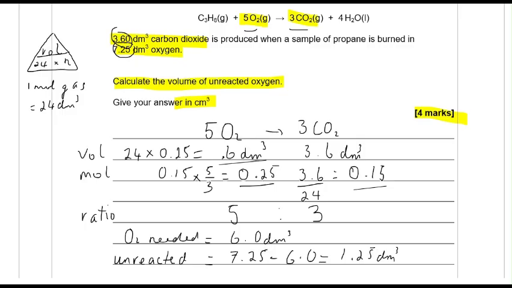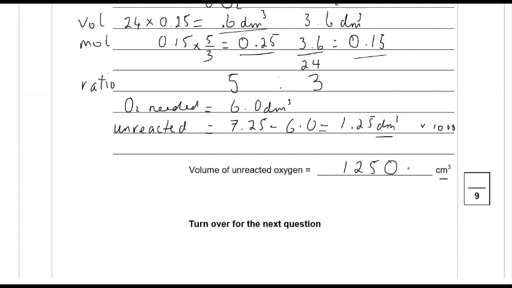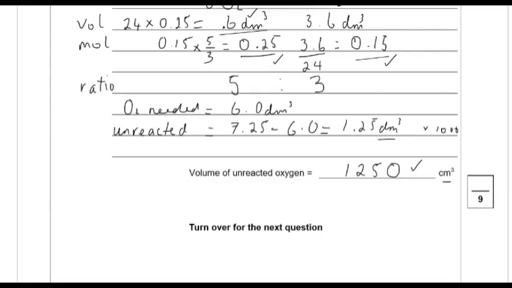So simply multiply this by 1000 and your final answer is 1250 centimeters cubed. So you'll get 1 mark for the final answer, 1 mark for the numbers of moles, and 1 mark for working out the volume of oxygen actually used in the equation. That's a complicated one, but follow the table method, and if you're not sure, do some more examples.